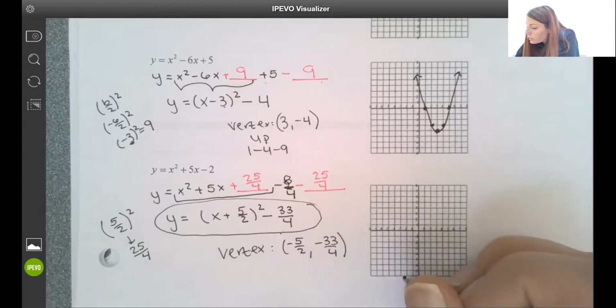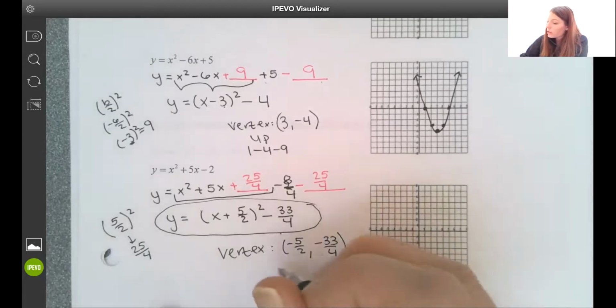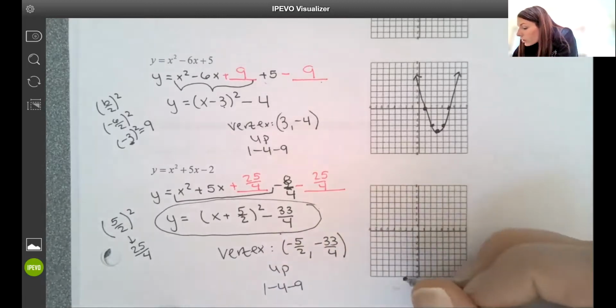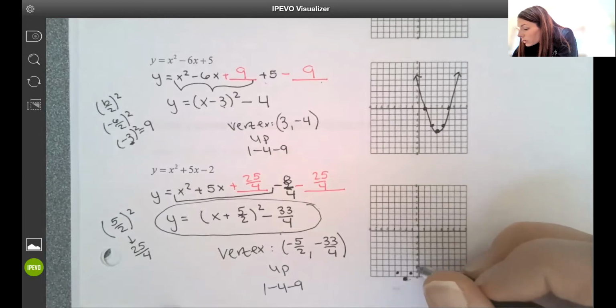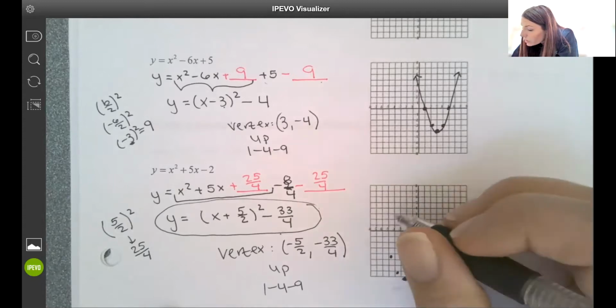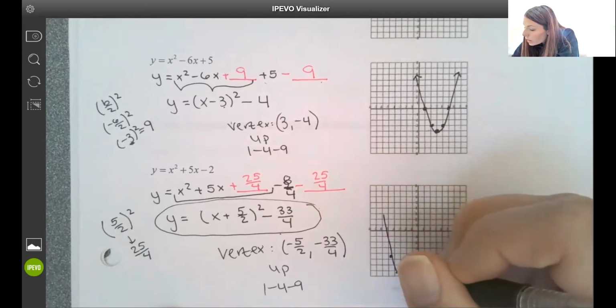So from there, I know that it will open up, and this also follows the 1, 4, 9 pattern. So I go over 1, up 1, over 2, up 4, 1, 2, 3, 4, over 2, up 4. There's my graph.